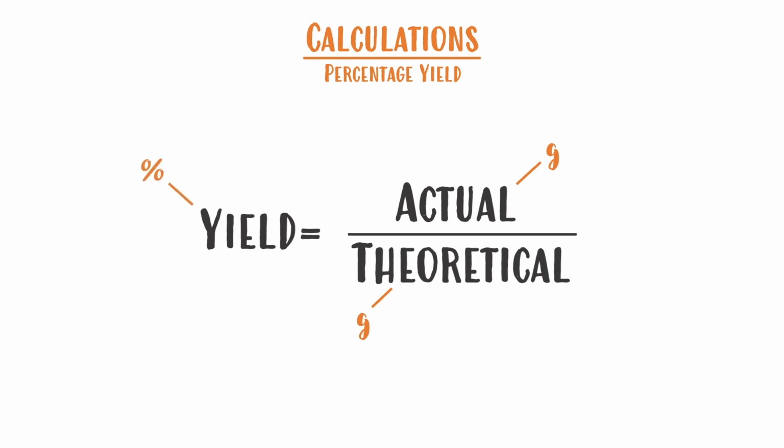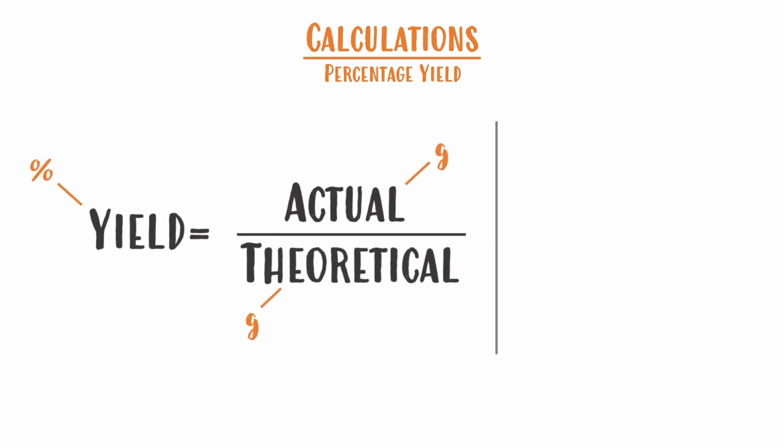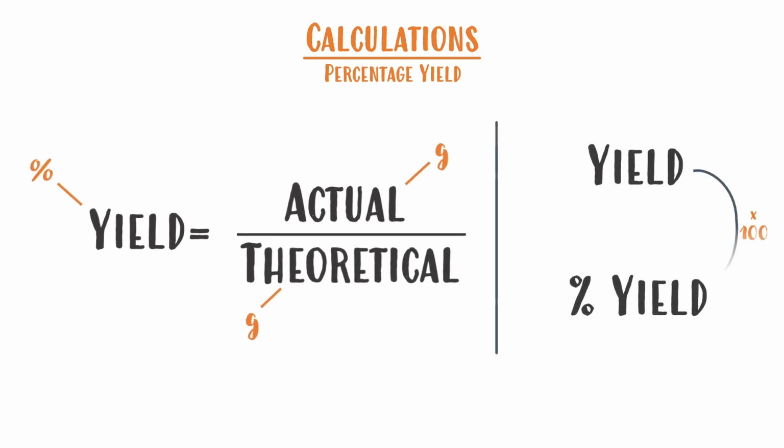And here's how to convert from yield to percentage yield. We either multiply by 100 to get the percentage, or divide by 100 just to get the yield. Try apply these to these following questions.